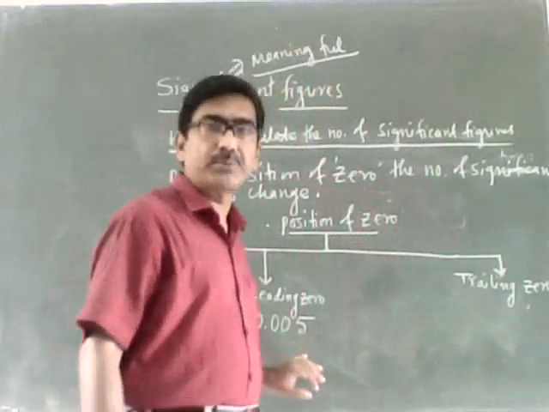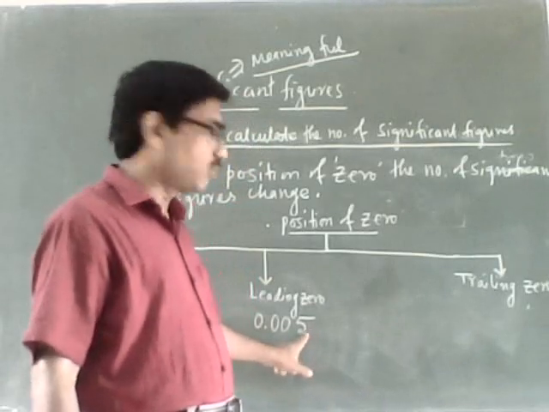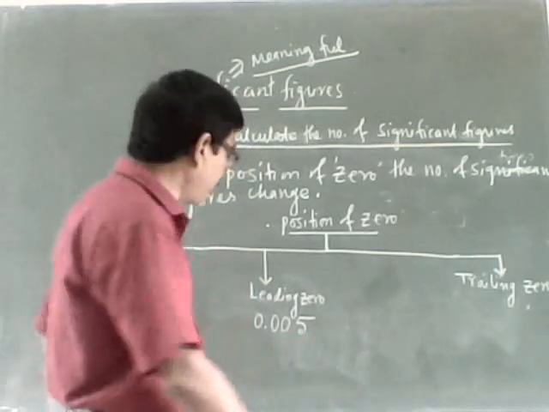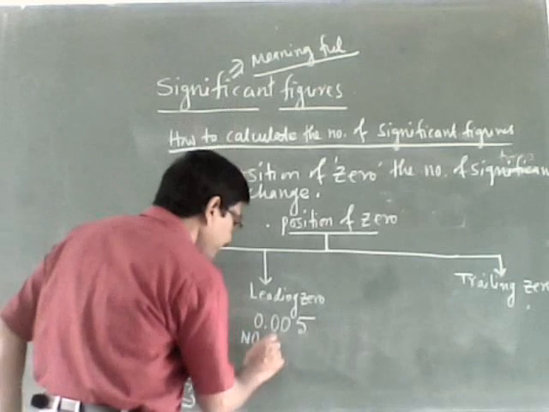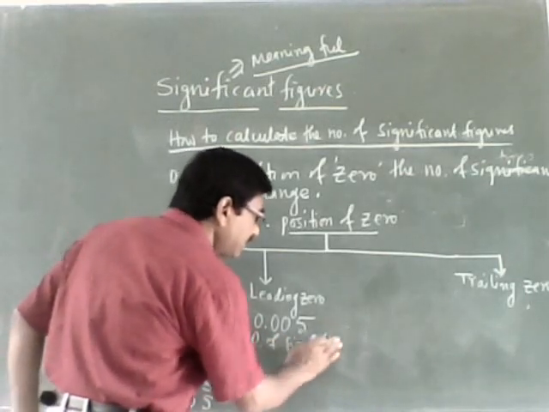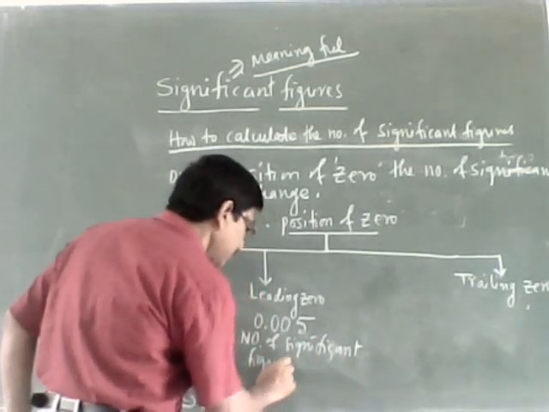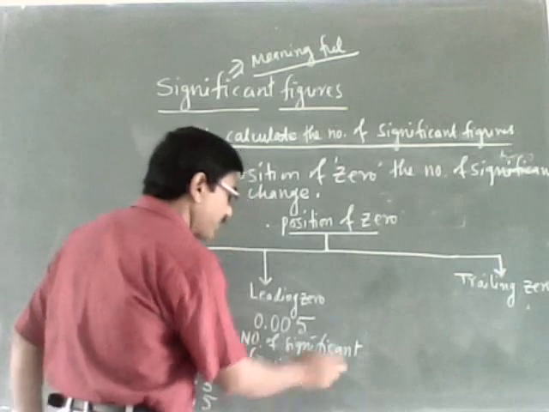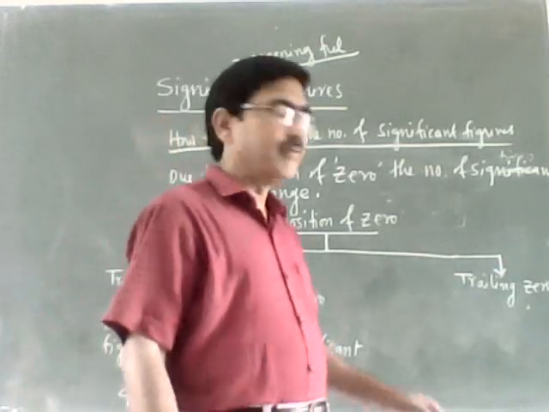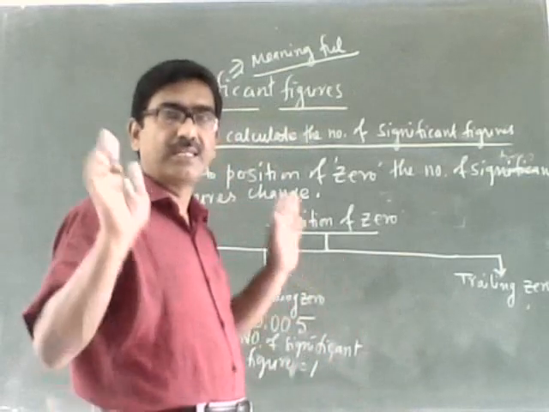Then what will be the number of significant figures here? Only one. The number of significant figures is one, because these zeros are leading zeros. Okay, is it clear?